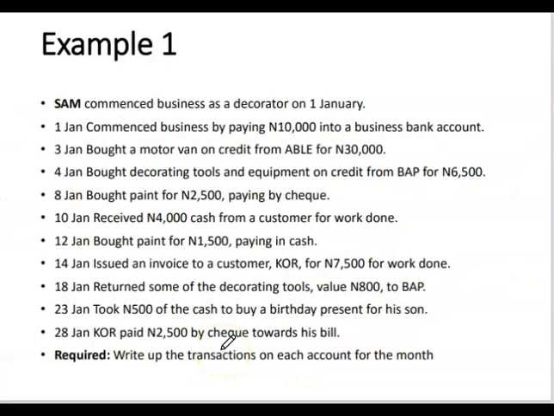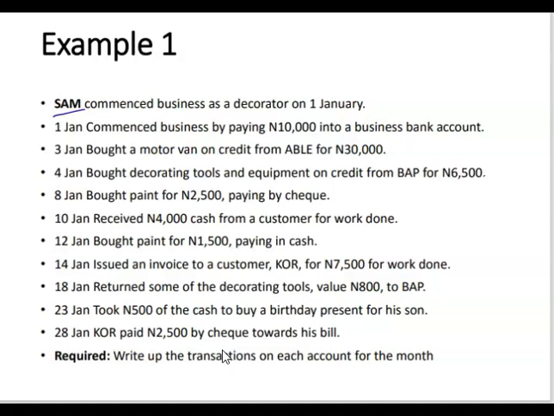Now, let's look at this illustration that we have. We want to apply the 3 steps to these transactions. Don't forget, you need to know the name of the business, then the date of the transaction, because there's what we call the periodicity concept in accounting. The business is expected to be in existence for the foreseeable future, that means for as long as possible.